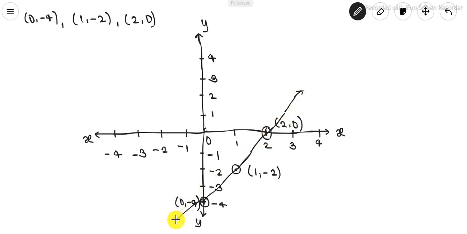Now this is the straight line for the equation 2x minus y is equal to 4. If the graph appears as a straight line, then and only then we call it a linear equation in two variables. All of you know this is some basic concepts I am telling here, and we solve some examples in the next lecture.